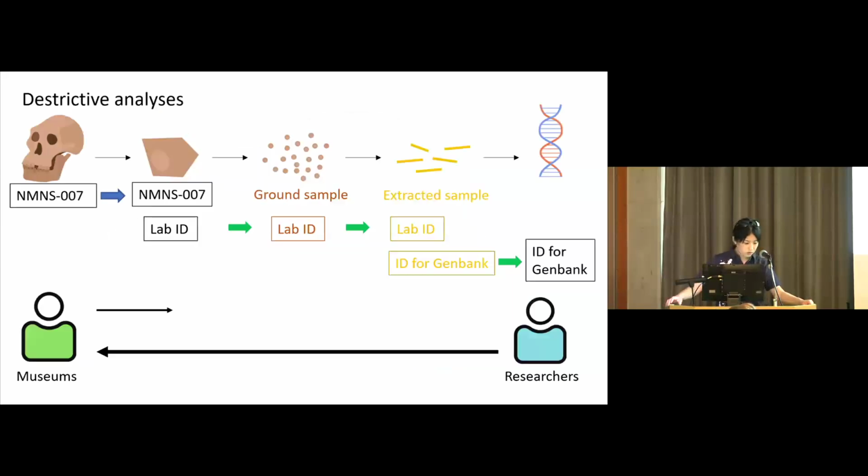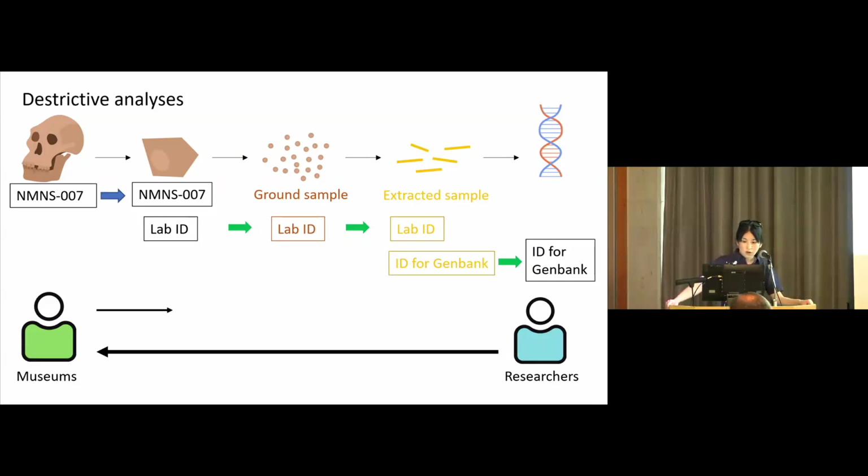So let's imagine how specimen 007 is processed in a study and how it obtains new attributes. It starts with, say, MNS 007. The aliquot specimen is also the same 007, the same number, but this piece would get a new ID for lab management.